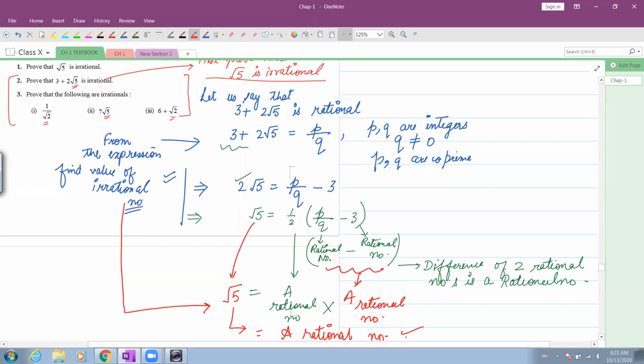Rational. Isn't that a contradiction to what we proved earlier, that root 5 is irrational? Yes, ma'am. So you will write down that this contradicts the fact that root 5 is irrational, hence our assumption is wrong. हमने ये assume किया था कि ये एक्सप्रेशन रैशनल है, इसकी वजह से गड़बड़ हो गई। ऊपर जो प्रूव करके आए थे वही गलत हो गया नीचे। So this result right here, इसकी वजह से प्रॉब्लम आई थी। This assumption is incorrect.